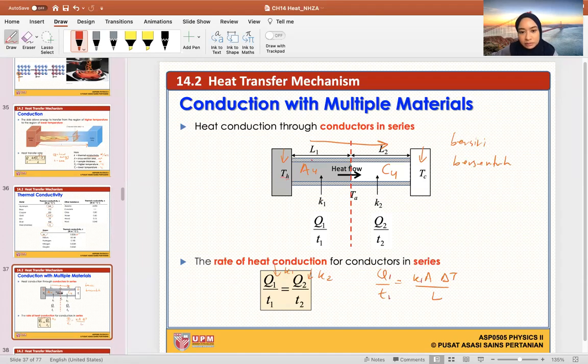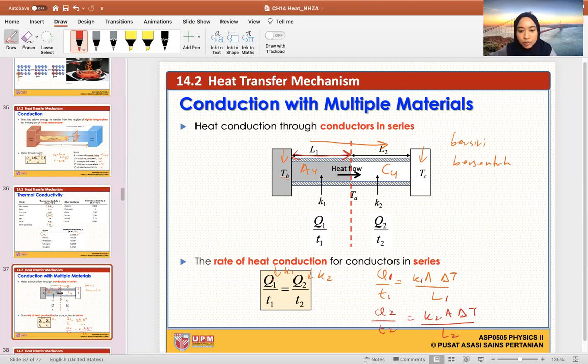A here is the same, it doesn't change. TH minus TC is the same, and L depends on the material, so this is L1. Then Q2 over T2 equals K2 A delta T over L2. A and delta T are the same. L2 can be different, as it depends on the length of the material.